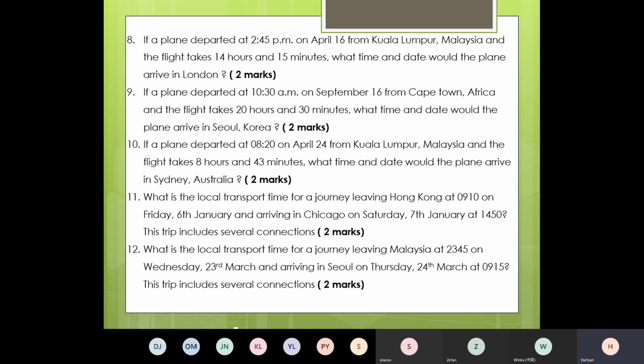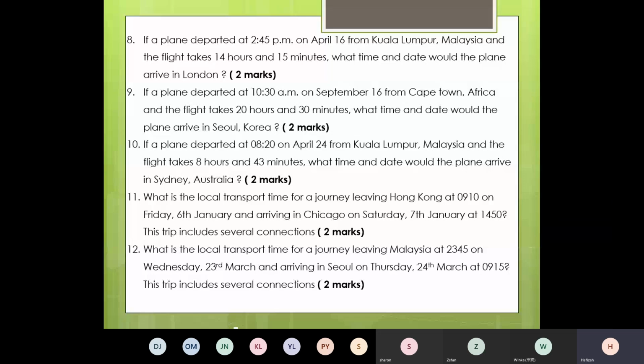Okay, number 12. What is the answer? What is the local transport time for a journey leaving Malaysia at 23:45 on Wednesday, 23rd March and arriving in Seoul on 24th March at 09:15?